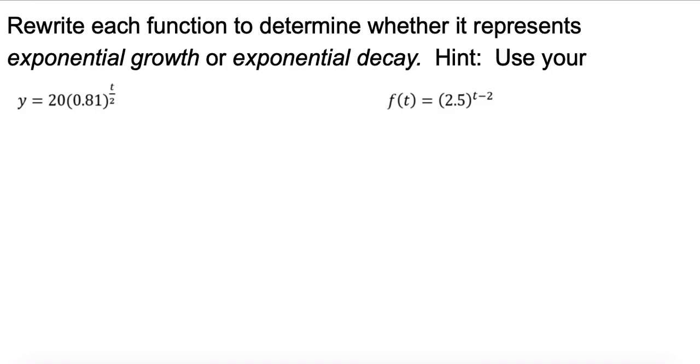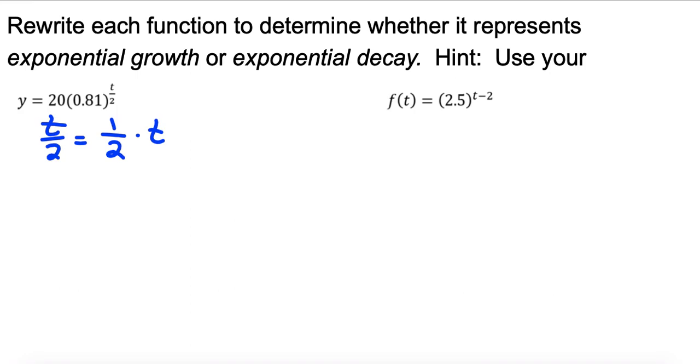So when we look at the exponent for the first one, the exponent is t over 2. Remember, that's the same thing as saying 1/2 times t. Okay, that's just another way of writing it. And we want to have the t by itself. Well, with our properties of exponents, which setup would we have if we ended up having to multiply the exponents? Well, that's the power to a power.